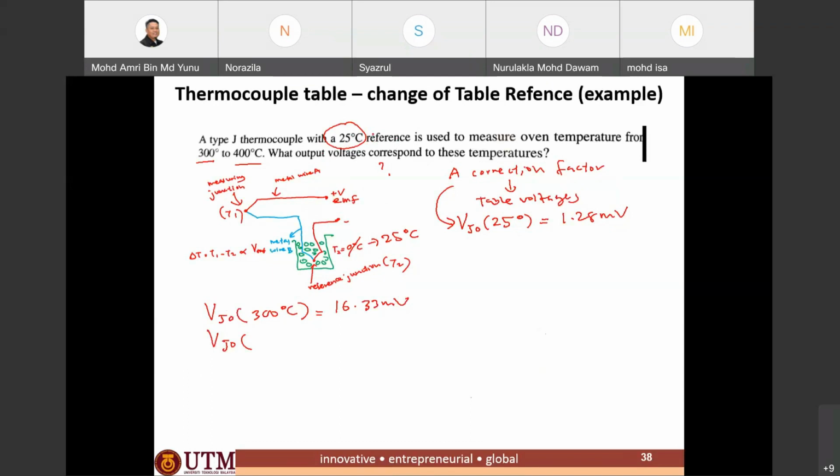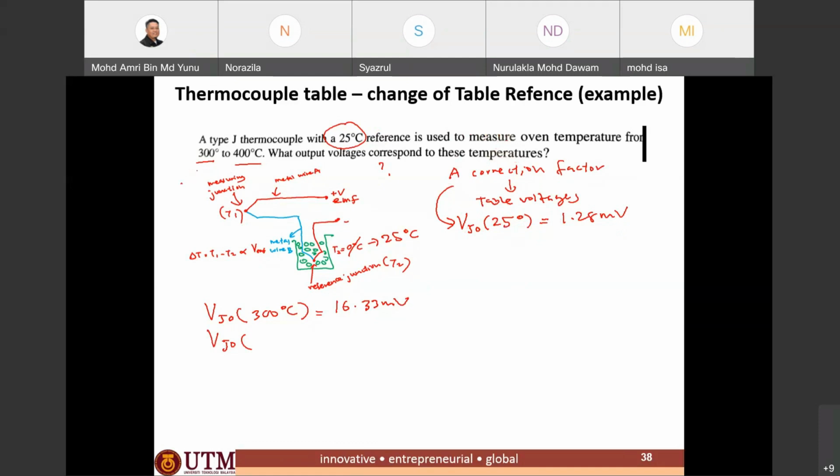So that is basically the value that we are going to use as the correction factor for every range.